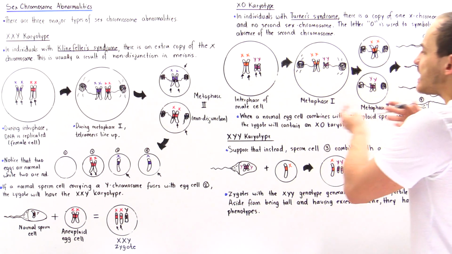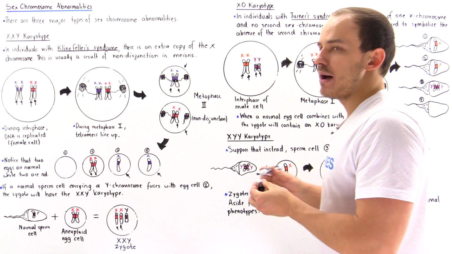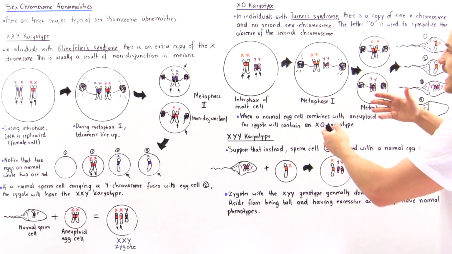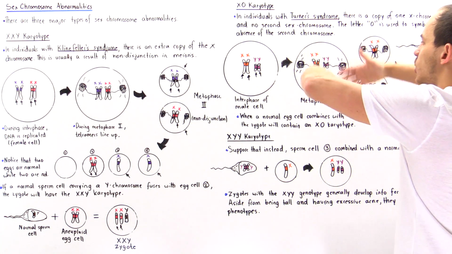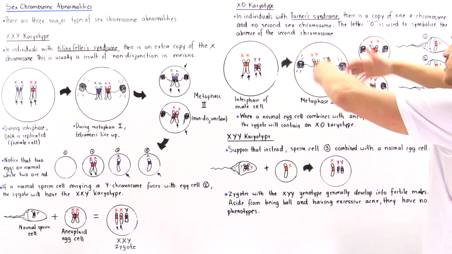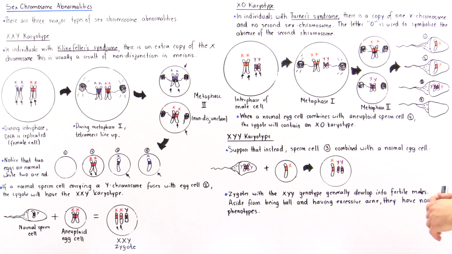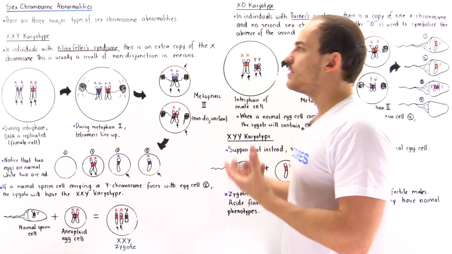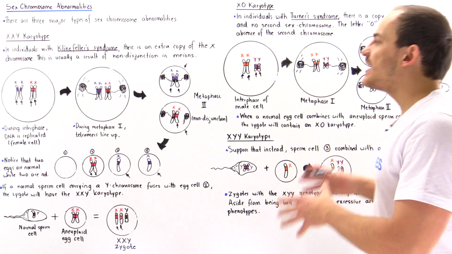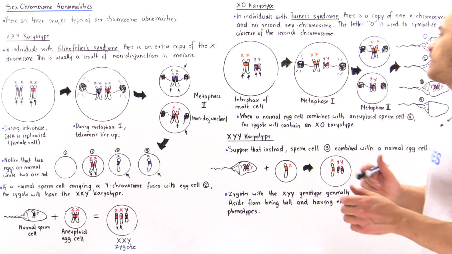If we fast forward to metaphase 1 of meiosis, the tetramer of chromosomes lines up at the equatorial plate. Once again, let's assume that non-disjunction takes place in anaphase 2 and not anaphase 1.